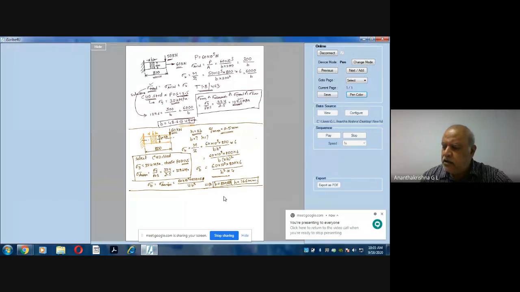In the problem again, we are given Y max equal to 0.5 mm, and look at the same materials table. I think Young's modulus is not given in this.